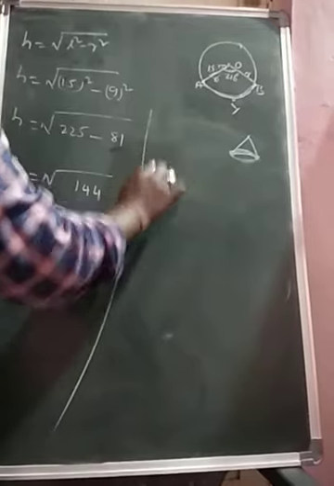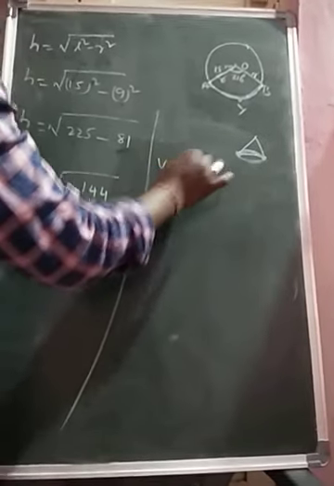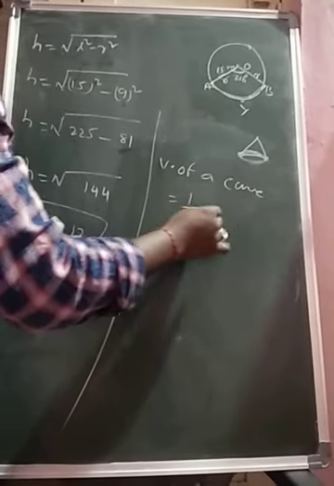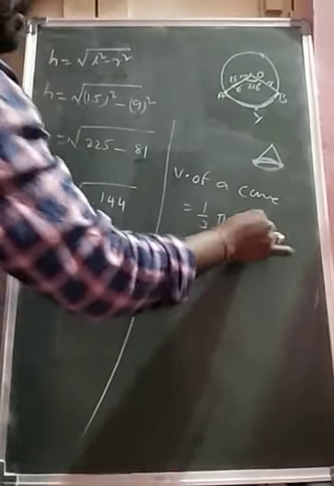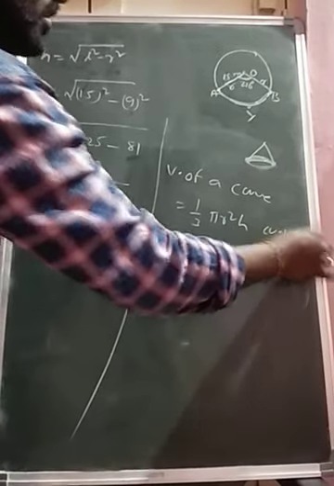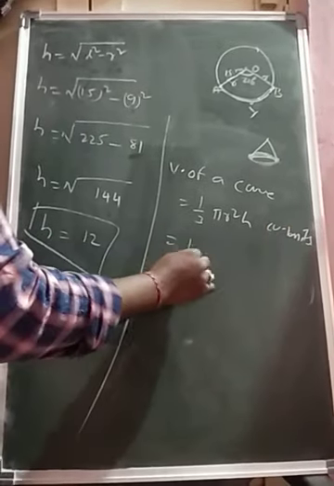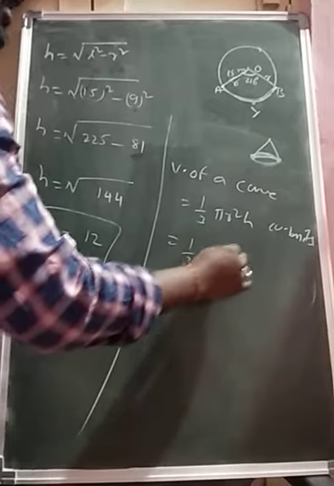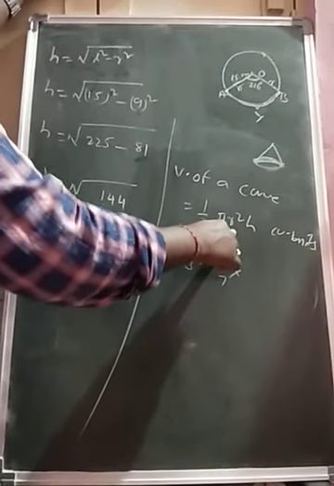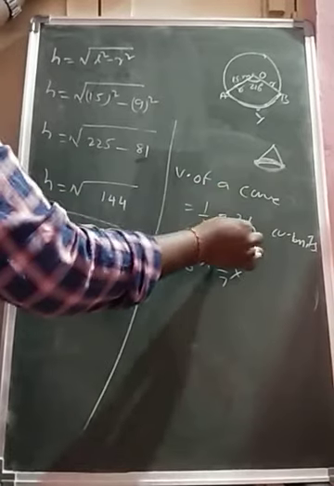So now I want the volume of the cone. Volume of a cone is equal to 1 by 3 pi r square h cubic units. Okay, so 1 by 3 into pi, that is 22 by 7, into r square. The value of radius is 9 meters.